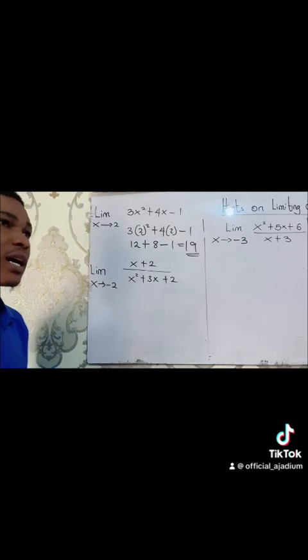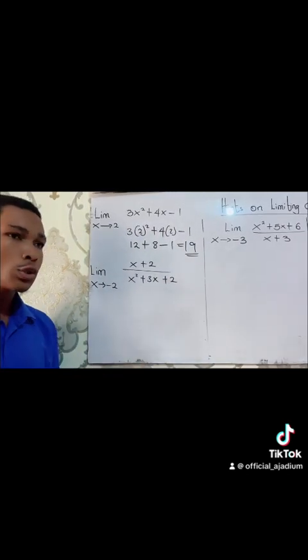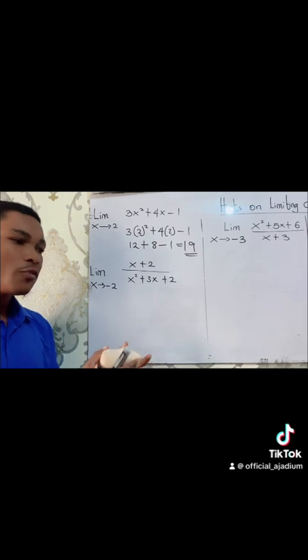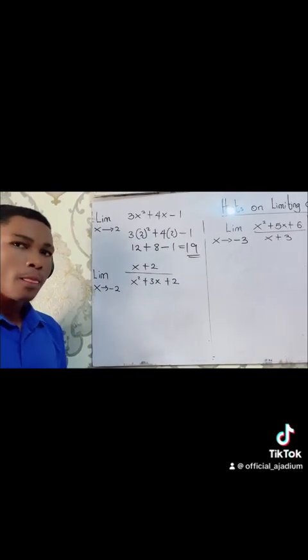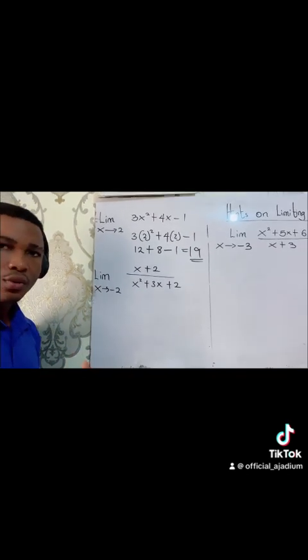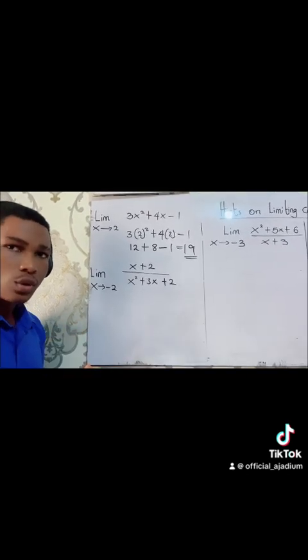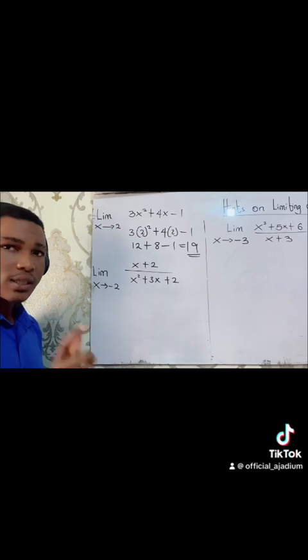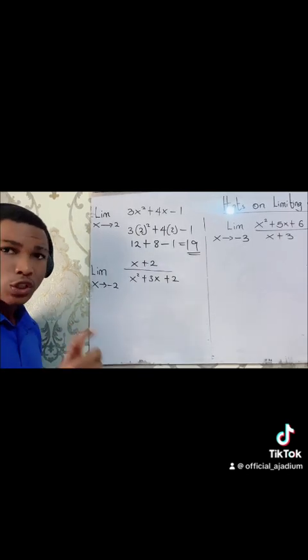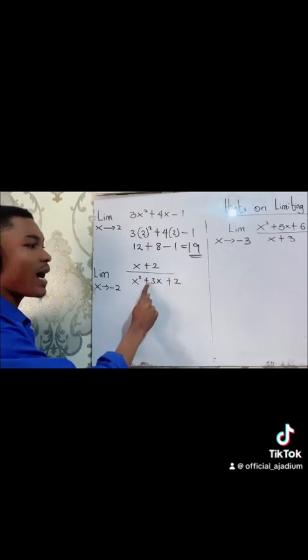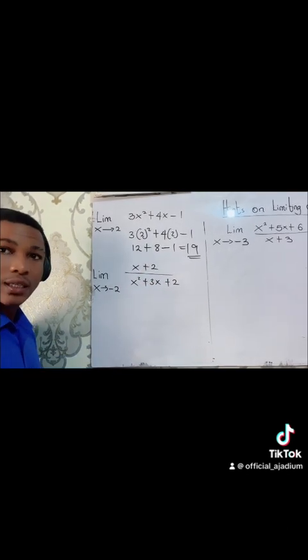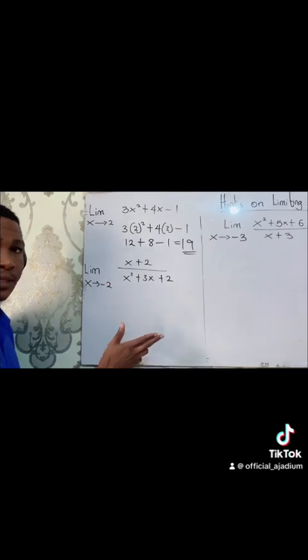So anytime we have the result of a limiting function to be 0 over 0, or infinity over infinity, or infinity times 0, we make use of a particular rule, and that rule is called L'Hopital's rule. Now what L'Hopital's rule is telling us is that when we have that kind of condition in limiting calculus, we differentiate the numerator and denominator separately, and then we substitute the value of x.